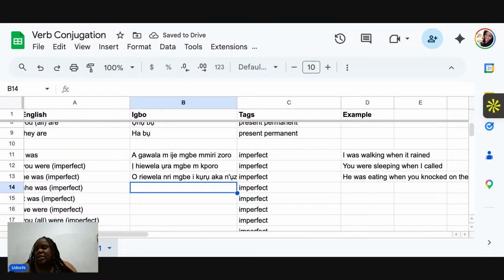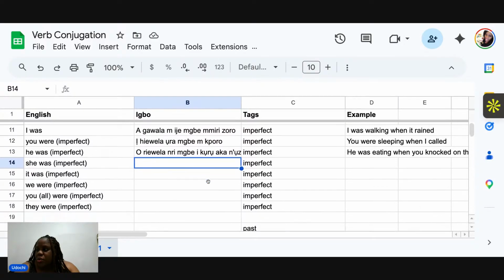I believe that's what that translates to. Ihiewela ụra mgbe m kpọrọ. O riewela nri mgbe ị kụrụ aka n'ụzọ. Okay.